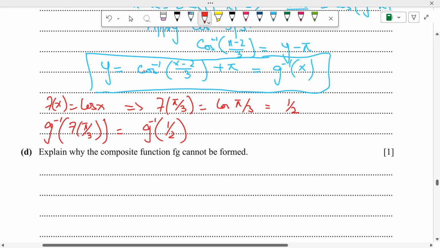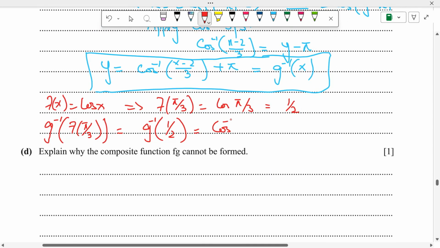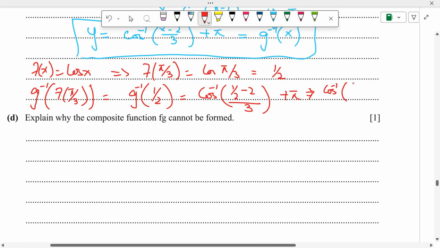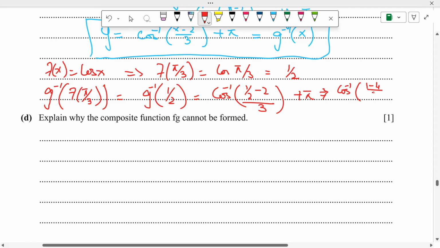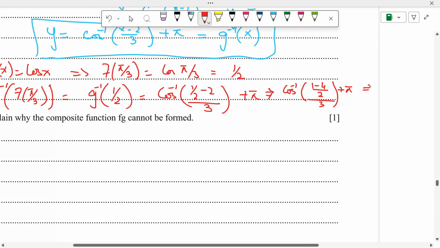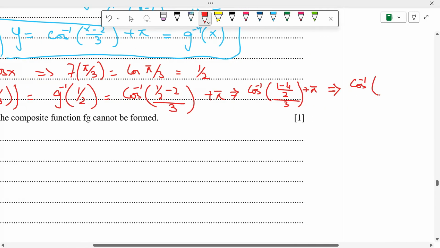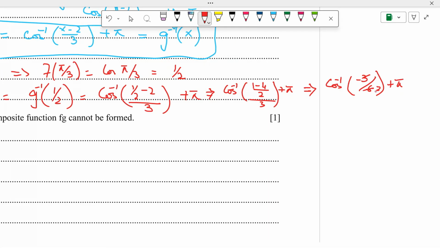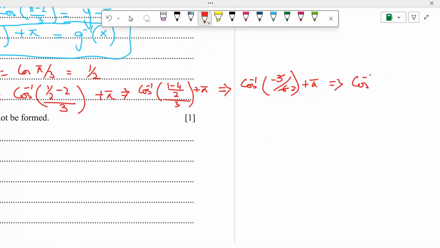And we know that g inverse of x is equal to the cos inverse of x minus 2 over 3 plus pi, meaning 1 over 2 minus 2 over 3 plus pi. And this one is equal to the cos inverse of 1 minus 4 over 2 over 3 plus pi, which is the cos inverse of negative 3 over 6 plus pi, equal to cos inverse of negative 0.5 plus pi.